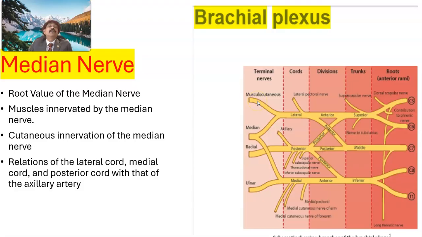The musculocutaneous nerve innervates the coracobrachialis. It pierces the coracobrachialis. It innervates the biceps brachii and brachialis muscle.